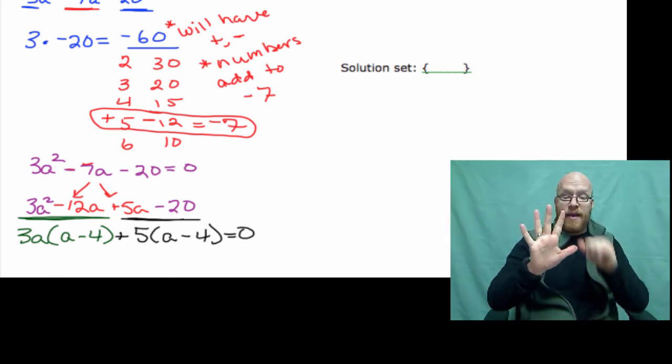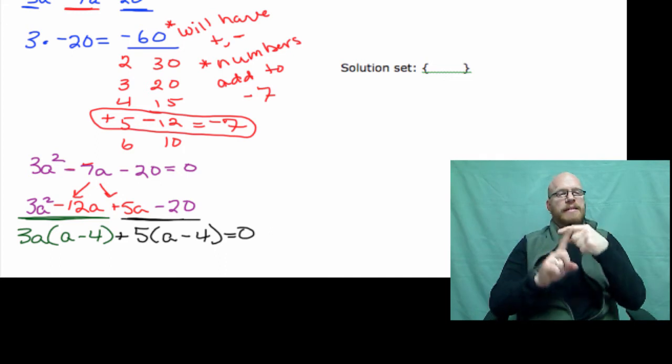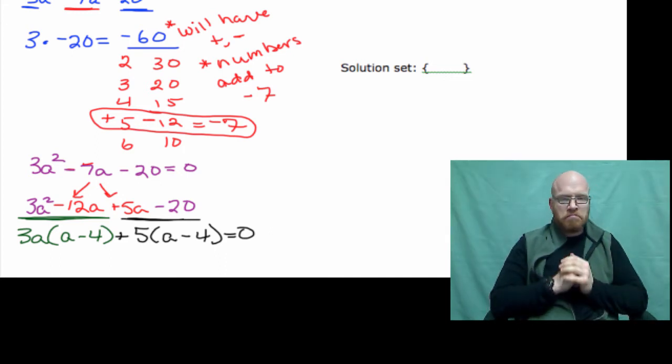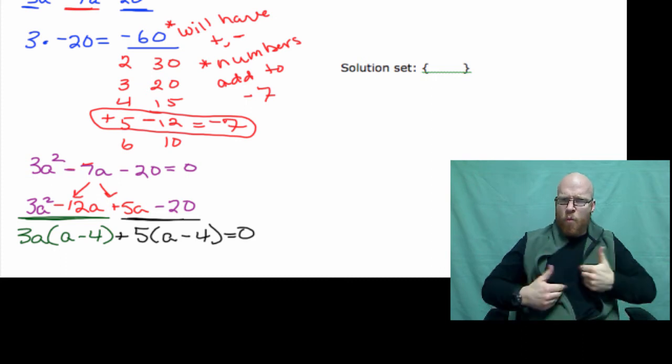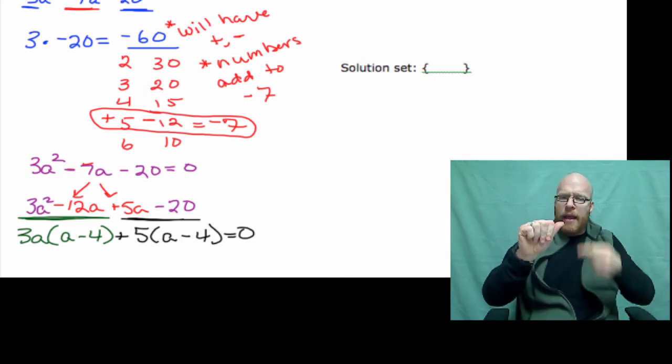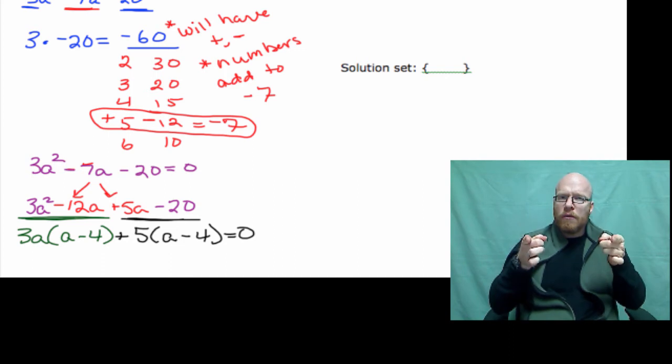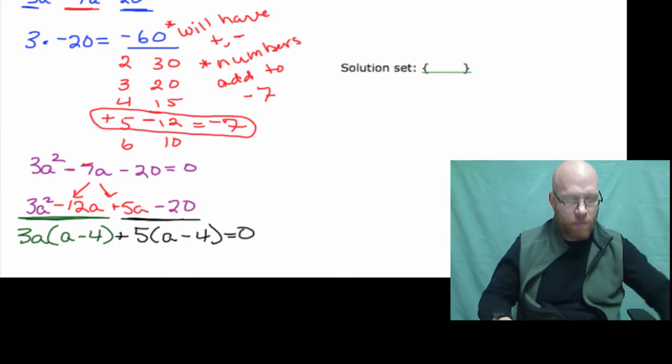Remember, with 5a minus 20, I pull out a positive 5. Now we're looking at two terms here. What do they both have in common? They both have the term parentheses a minus 4, close parentheses.